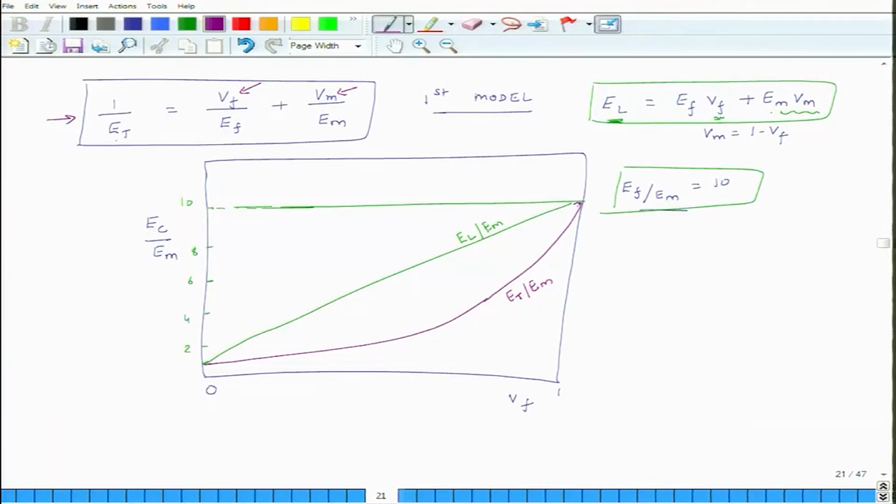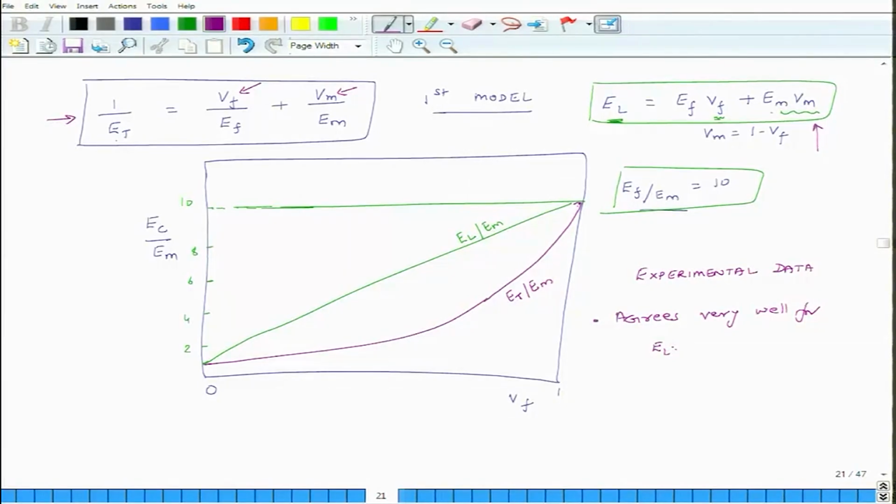Now, these both lines are theoretical lines based on the models which we have developed. When we look at experimental data for EL, what does experiment tell? It agrees very well for EL.